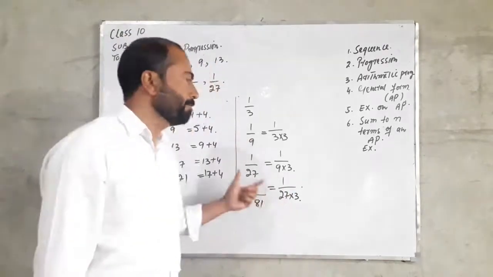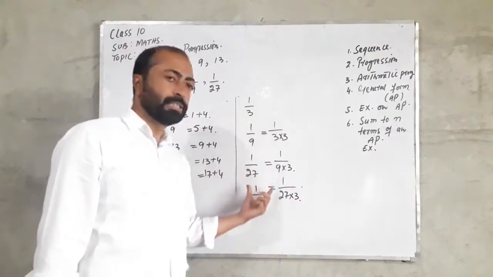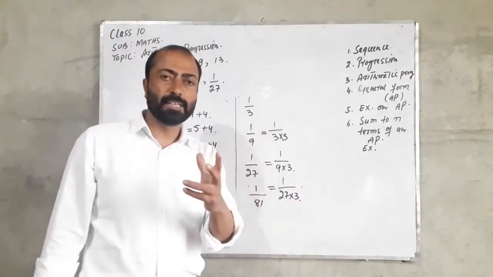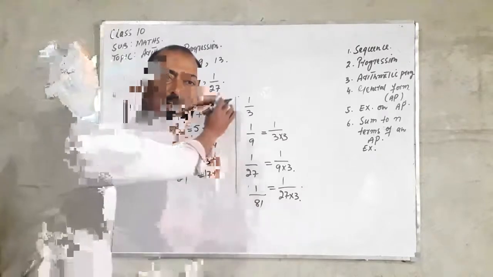So we can say this set of numbers is a sequence like this.